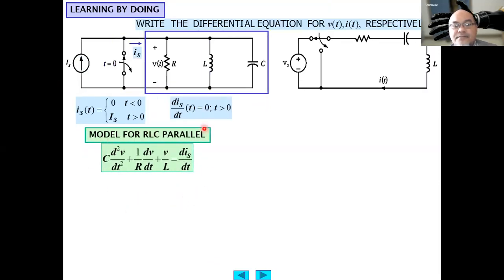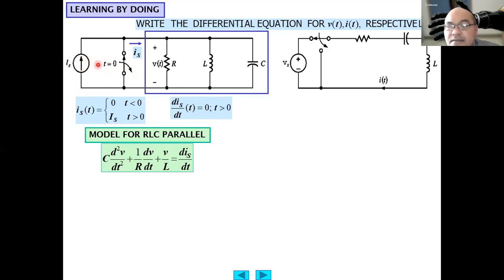So dIs dt, when t is larger than 0, when this is disconnected, equals 0. Why is that? Because when this is disconnected, this is a constant.